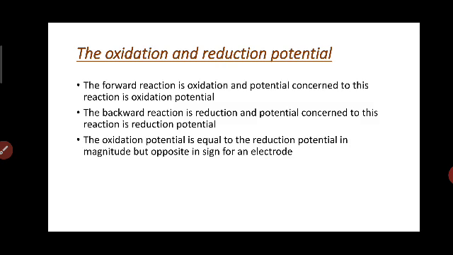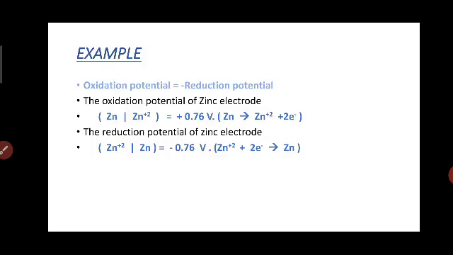This is the potential, and there are some more examples. Listen here. The oxidation potential and reduction potential are usually the same in capacity but quite opposite. Suppose the oxidation potential is equal to minus the reduction potential. Take the oxidation potential of the zinc electrode, for example.